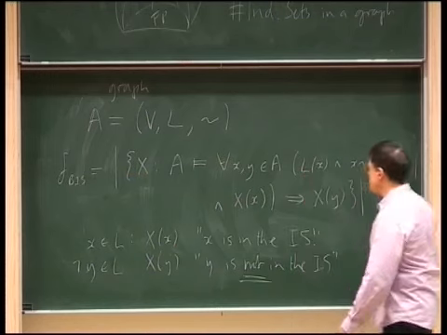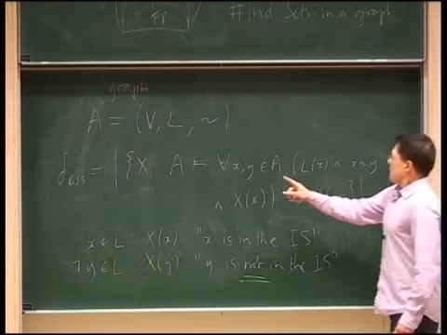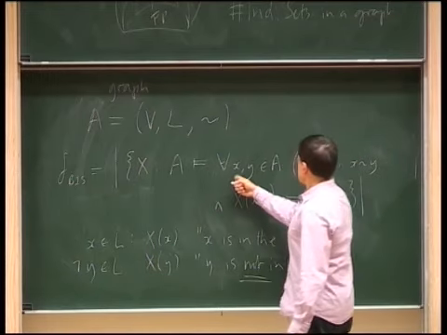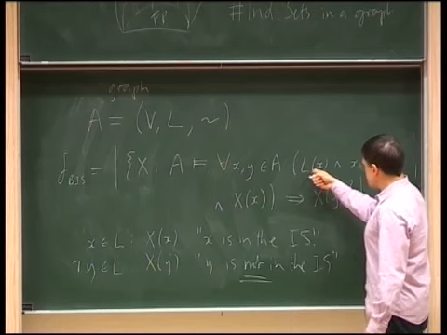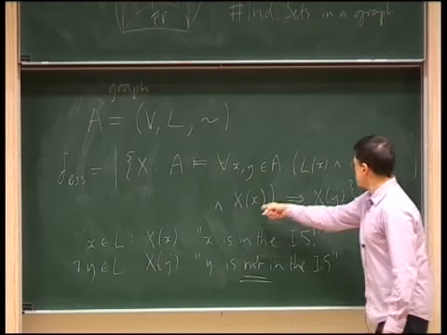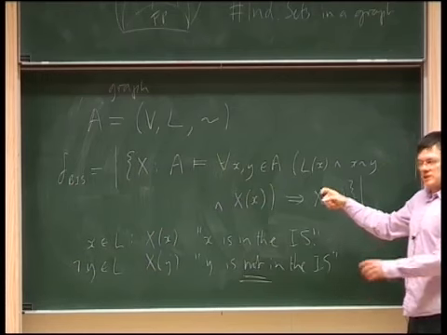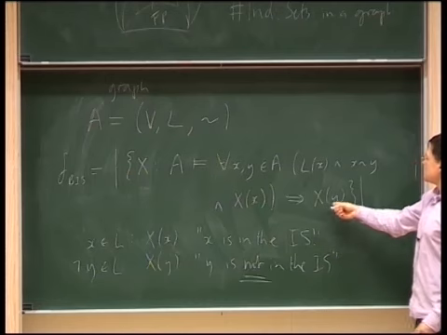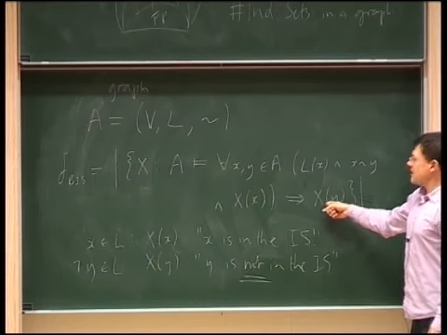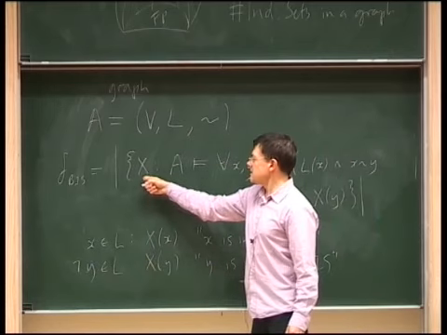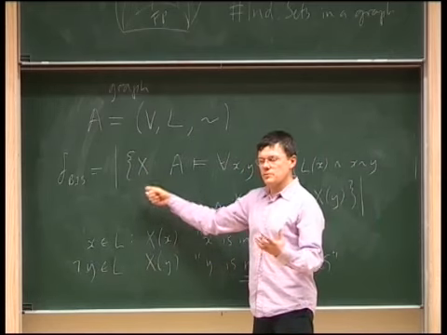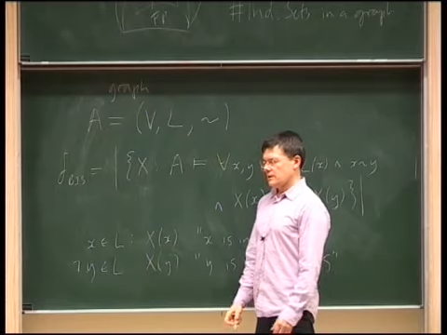Okay, so it's a slightly bizarre encoding, but we're saying that if x is on the left, and it's in the independent set, and it's joined to y, then y is not in the independent set. So that expresses the fact that X is a unary predicate which stands for an independent set in this bipartite graph.